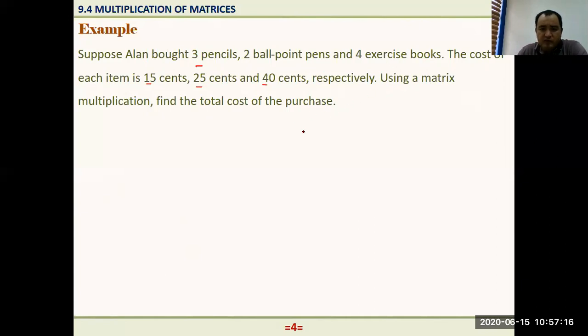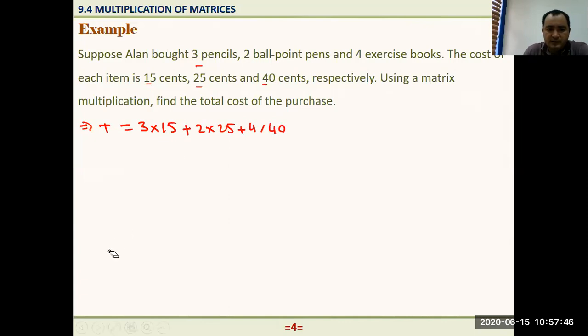First, without using a matrix, how can you find the total purchase? Here we have 3 pencils, and each one is 15 cents, plus 2 ballpoint pens, each 25 cents, plus 4 exercise books, each 40 cents.